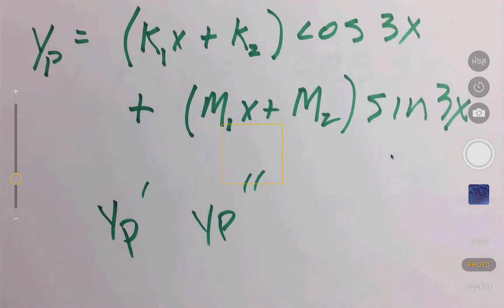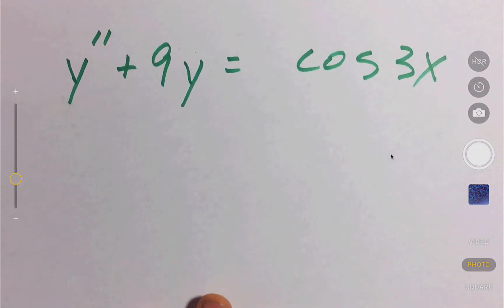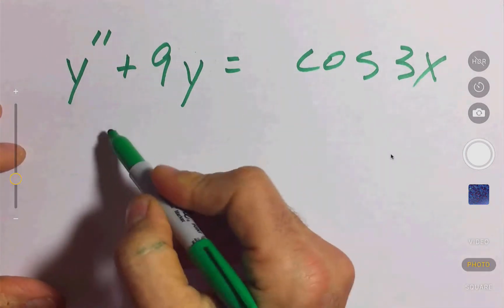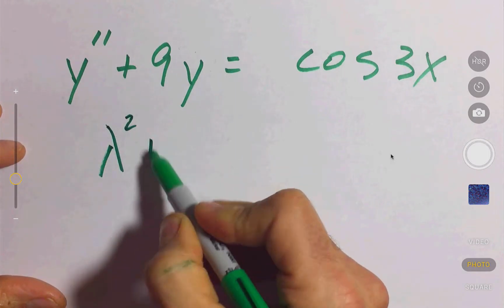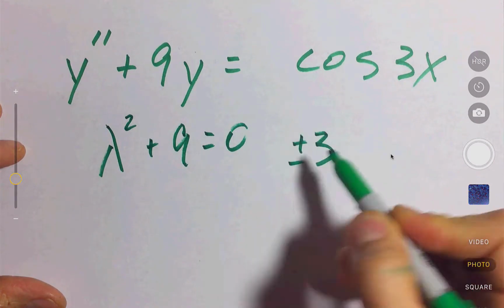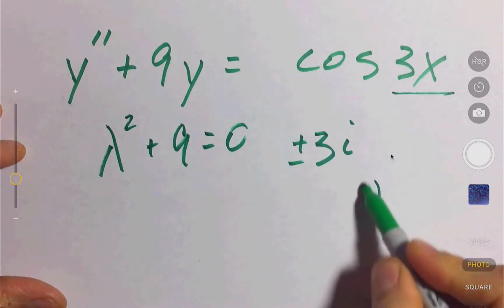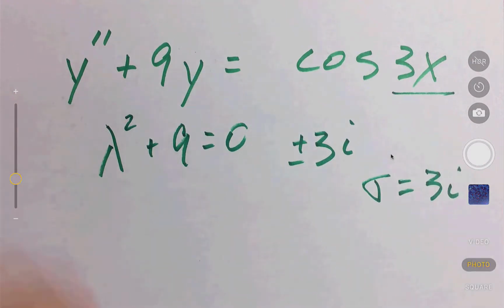Okay, well, let's see what happens if your control number is a root of the characteristic equation. In this situation, we see our characteristic equation is lambda squared plus 9 is 0. So we know that plus or minus 3i are the roots, and our control number is sigma equal 3i. So it is a root of the characteristic equation.